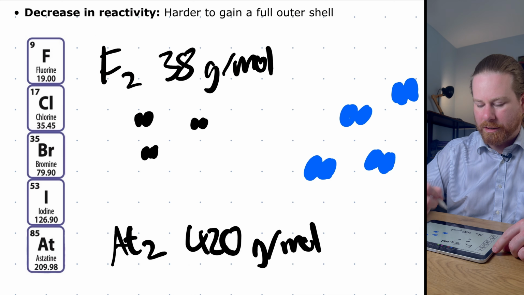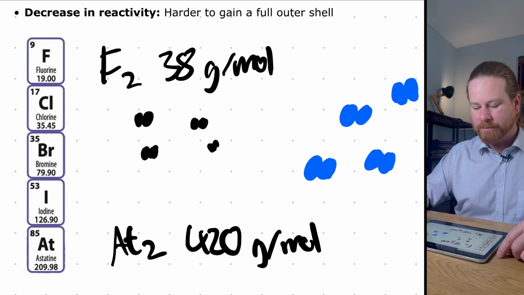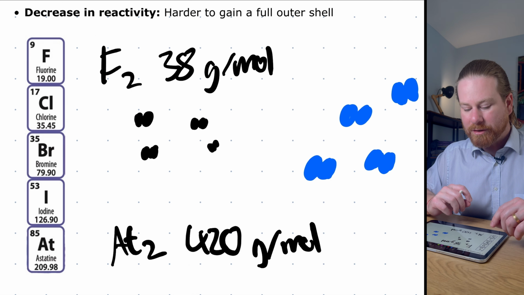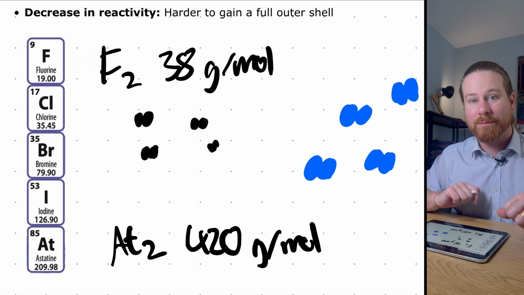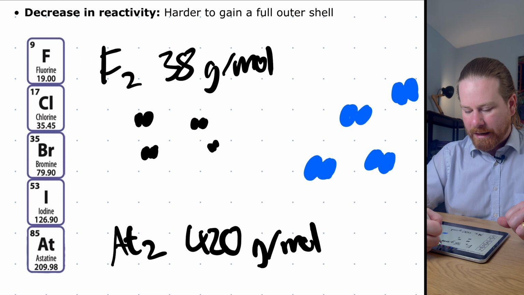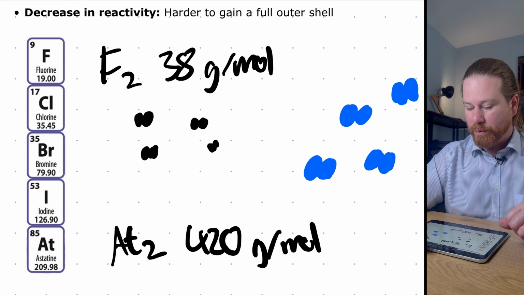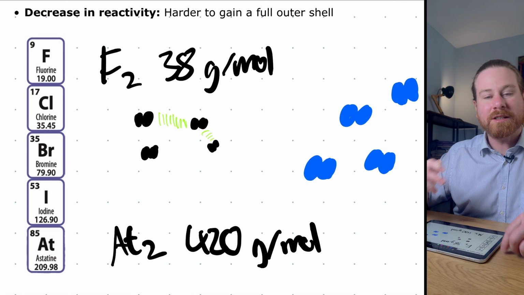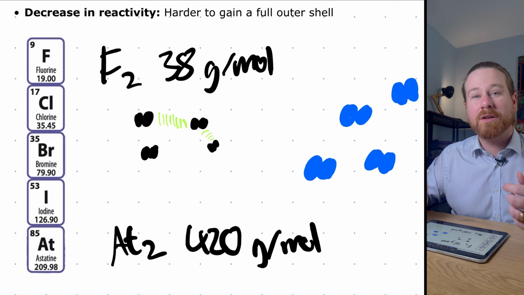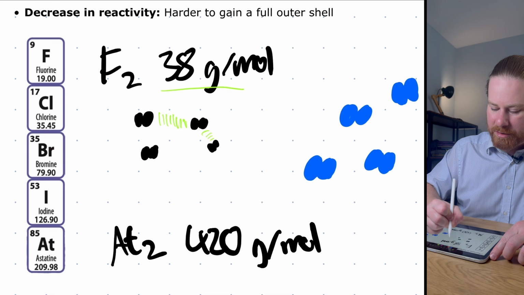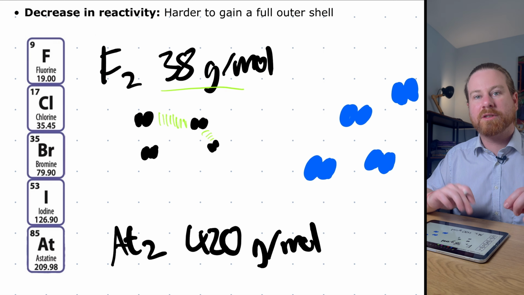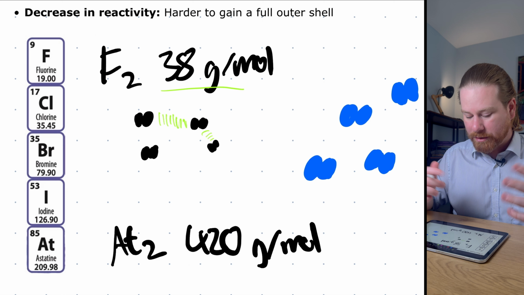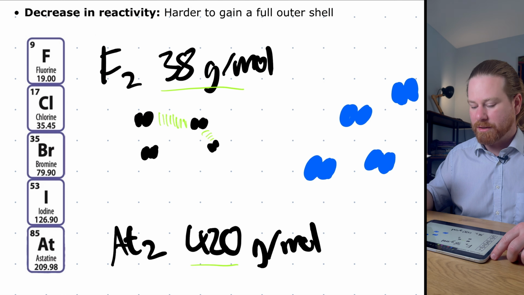And the astatine ones are a little bit bigger than the fluorine. The interactions between these molecules are called the intermolecular forces. The intermolecular forces between fluorine, we draw like this, are much, much weaker. And it's because this is a much smaller mass number. So the intermolecular forces increase with a larger mass number.